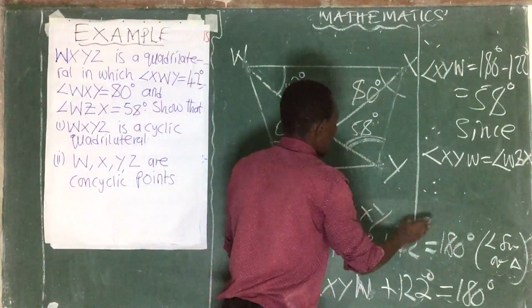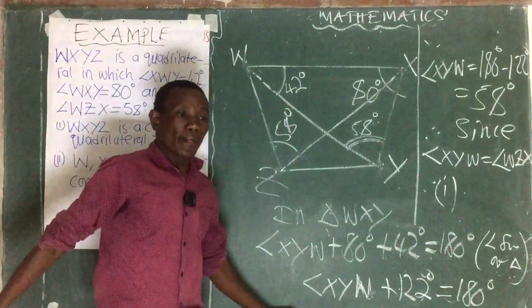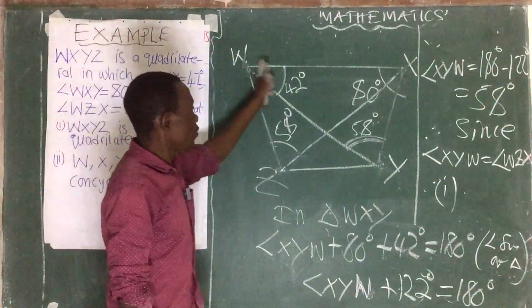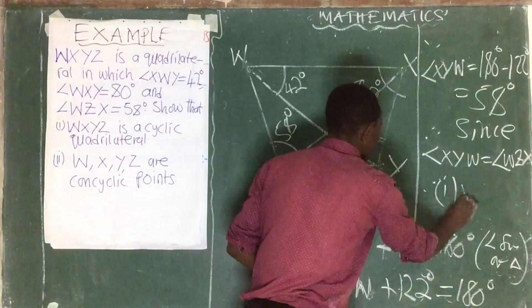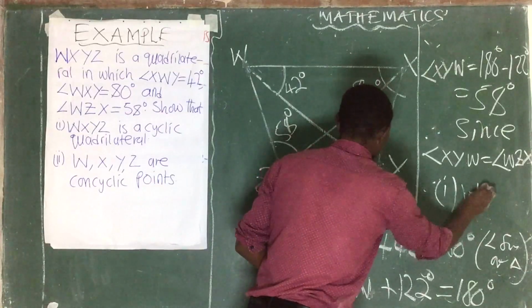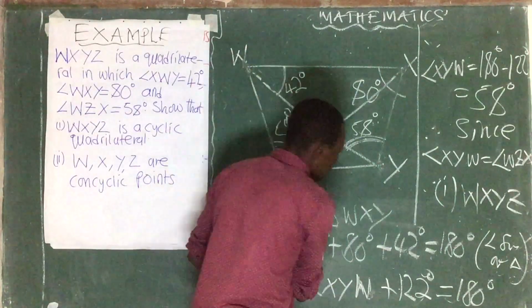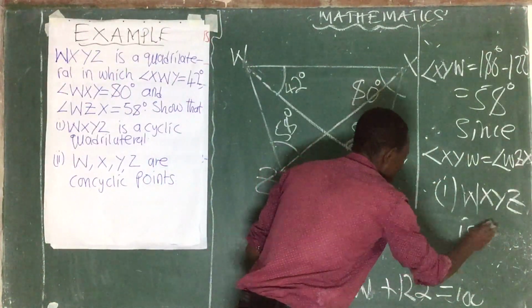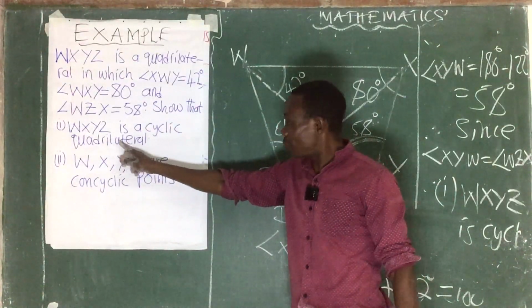Therefore, you conclude that WXYZ, the entire quadrilateral, is cyclic, because that's the demand of the first question.